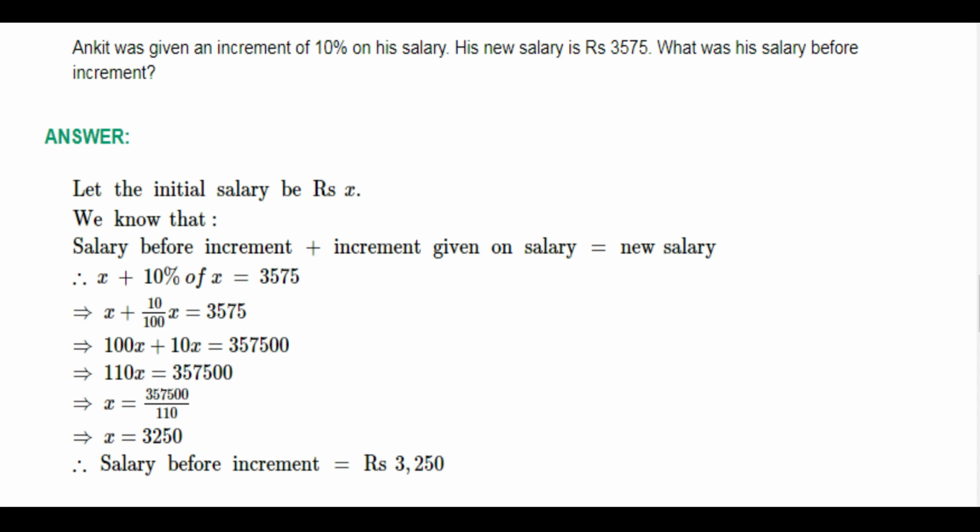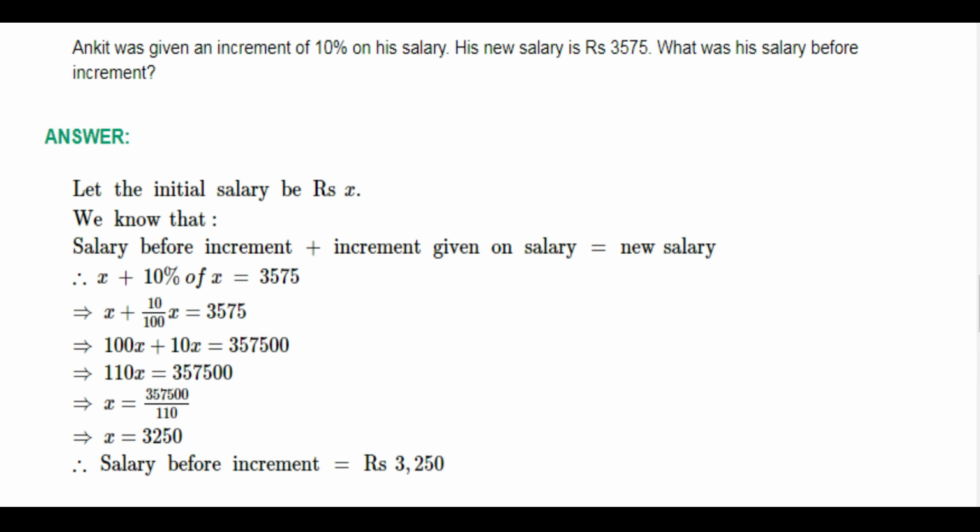We don't know the initial salary, so we are assuming it as rupees X. Salary before increment plus increment given on salary equals the new salary. This is the concept, right?